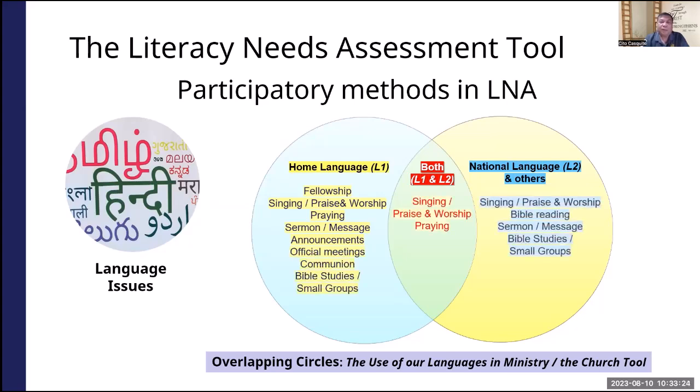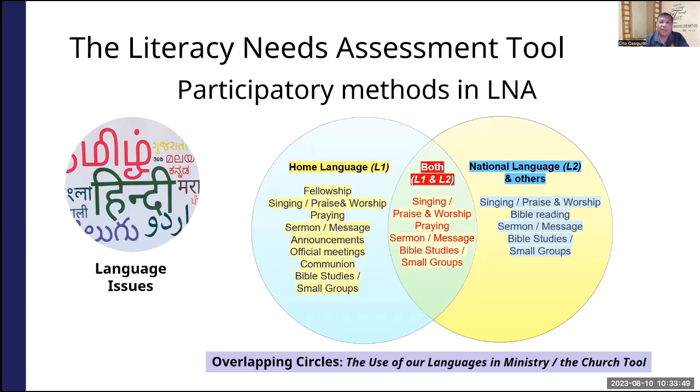So we can engage the community by asking them to write several activities that they use the home language and they use the national language, and in which language they are using the two, I mean, the mother tongue, the home language, as well as the national language.